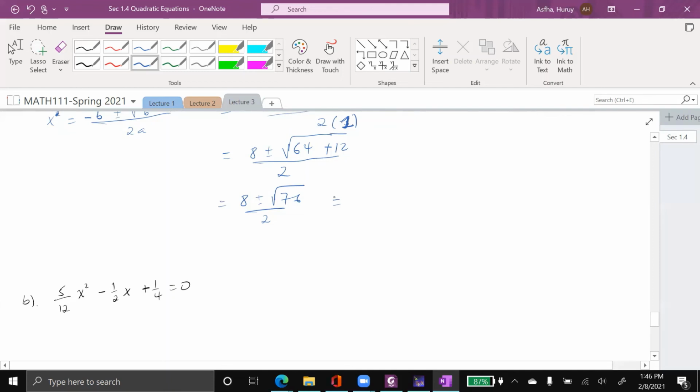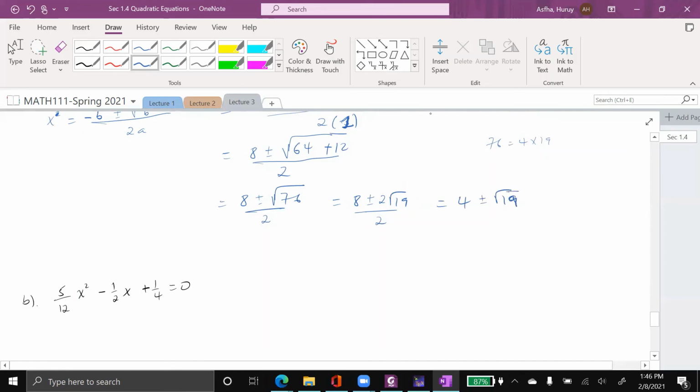It's 4 times 19. Therefore, this is 8 plus or minus 2 root 19, over 2. And you simplify this, this is 4 plus or minus root 19.